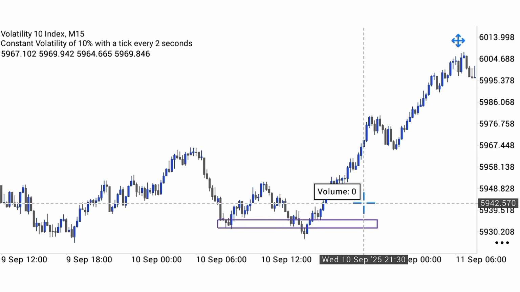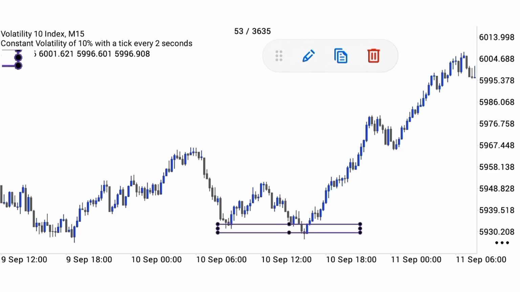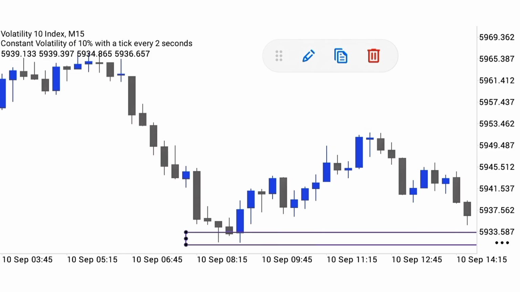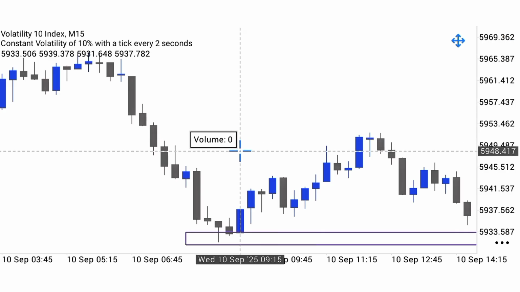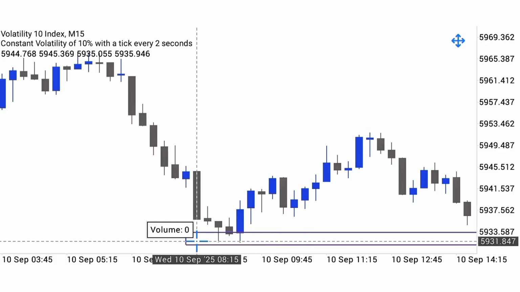So when you have done that, that's the time. Then you now try to draw your supply and demand area from the last candle. And if you watch out, you can see that this candle here, the wick is lower than this one here.